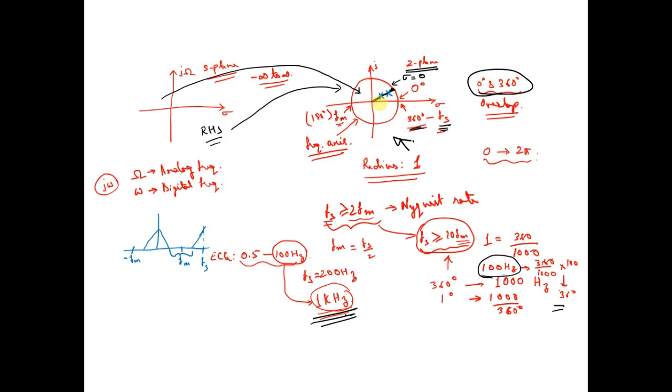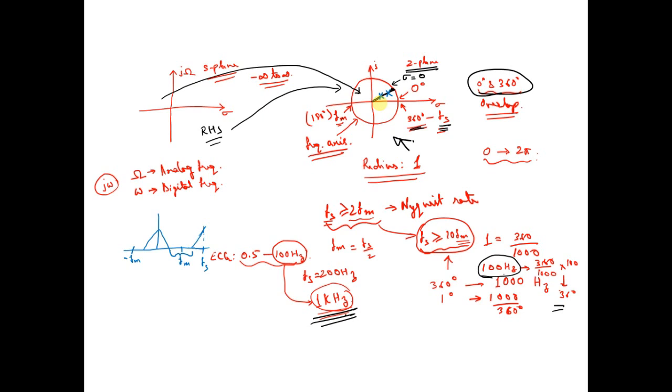Radial positioning of the poles and zeros, because across the radius we are putting the poles and the zeros. Hence, we call it radial positioning because we are putting it onto the radius.